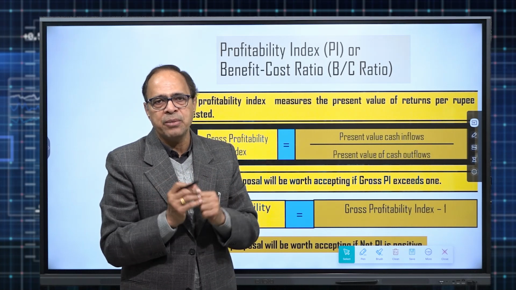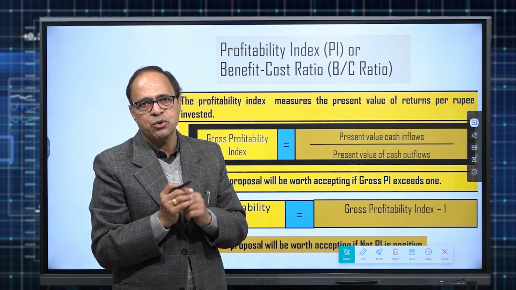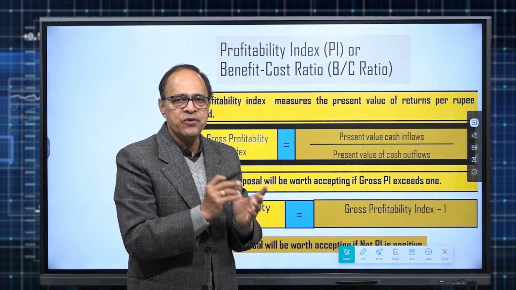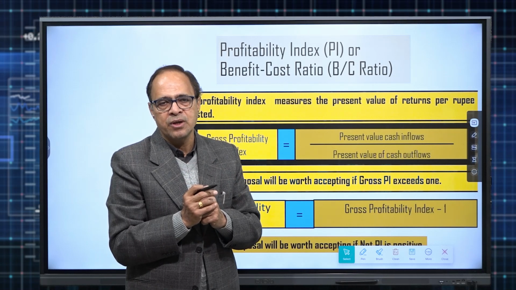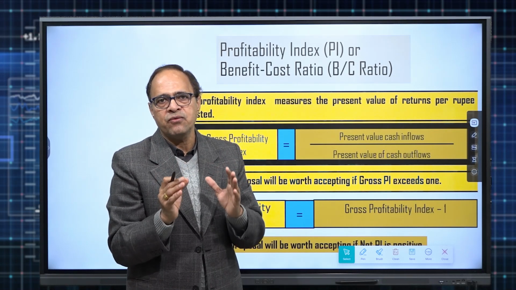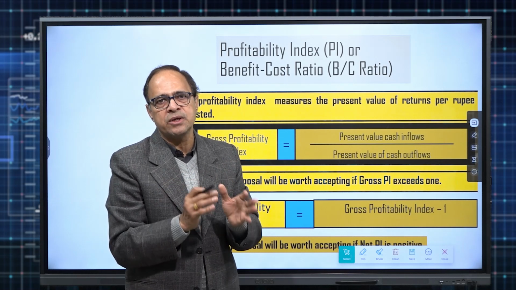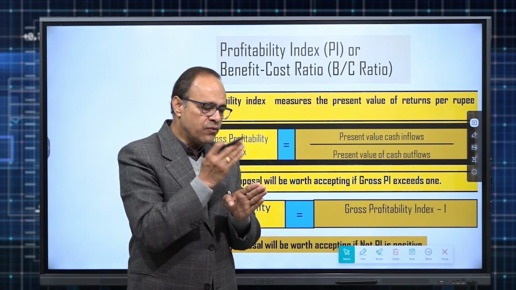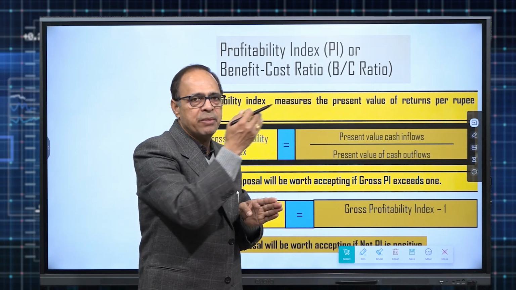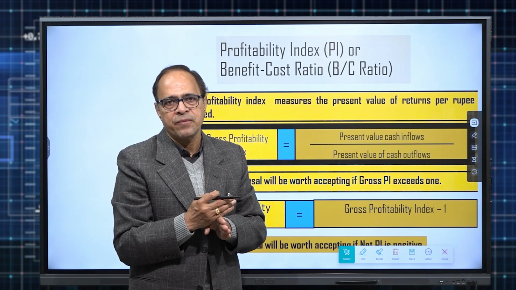So now, for example, there are two projects, project A and project C. We will calculate the profitability index of both the projects. Hypothetically, if in project A, whatever investment you make, 200 crore, 500 crore rupees, against every 1 rupee of investment you are going to get back 1 rupee 10 paisa.